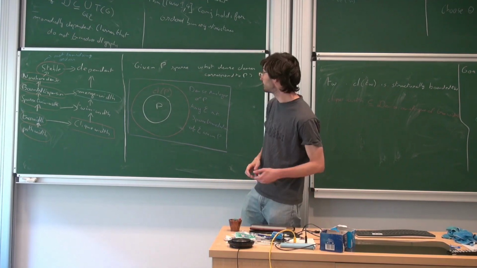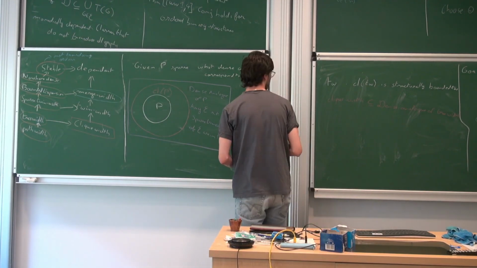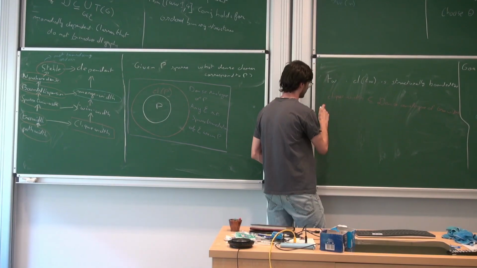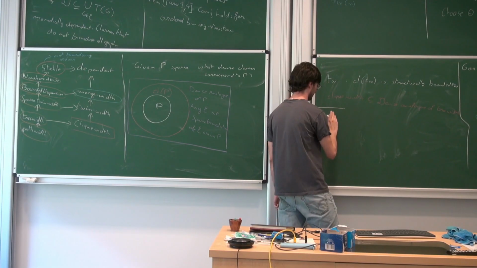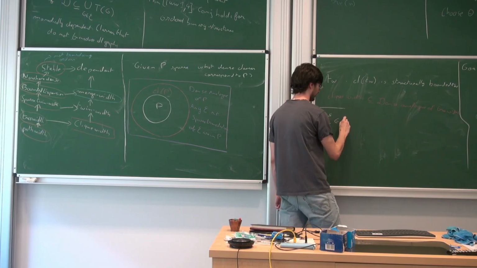Okay? So you have, let's say, P prime, where you have some class C in the closure.